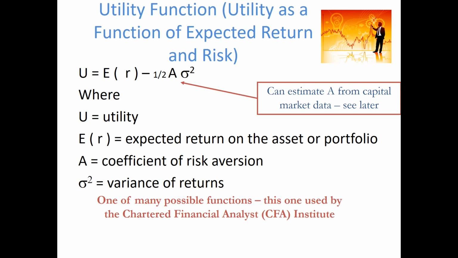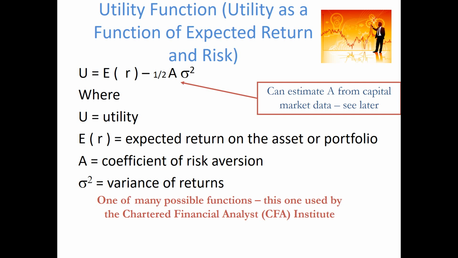When it comes to calculating the utility that an investor generates from any particular investment, utility is calculated as a function of both expected returns and risk, as we've seen previously. But the degree to which changes in risk affect an investor's utility depends upon how risk averse the investor is, or to what extent they are averse to risk.